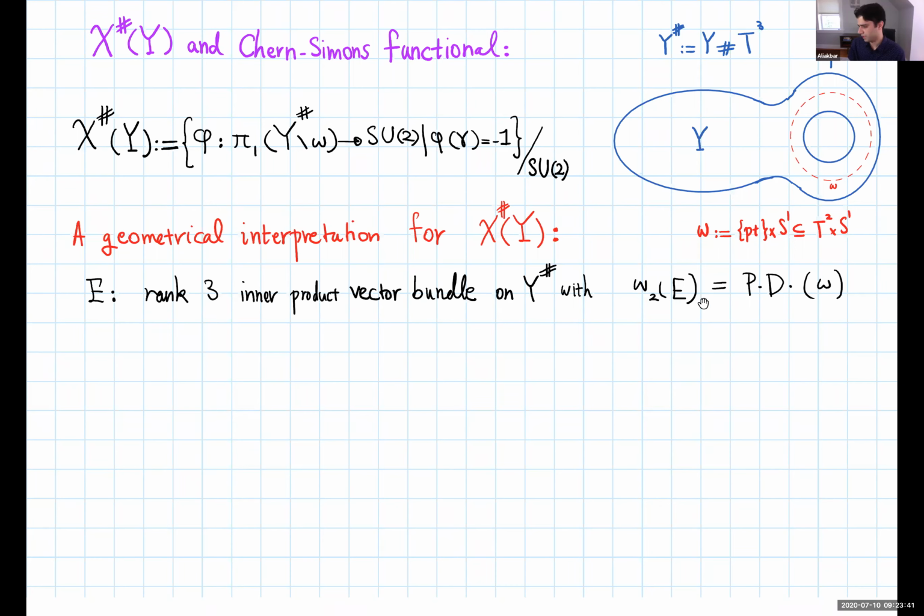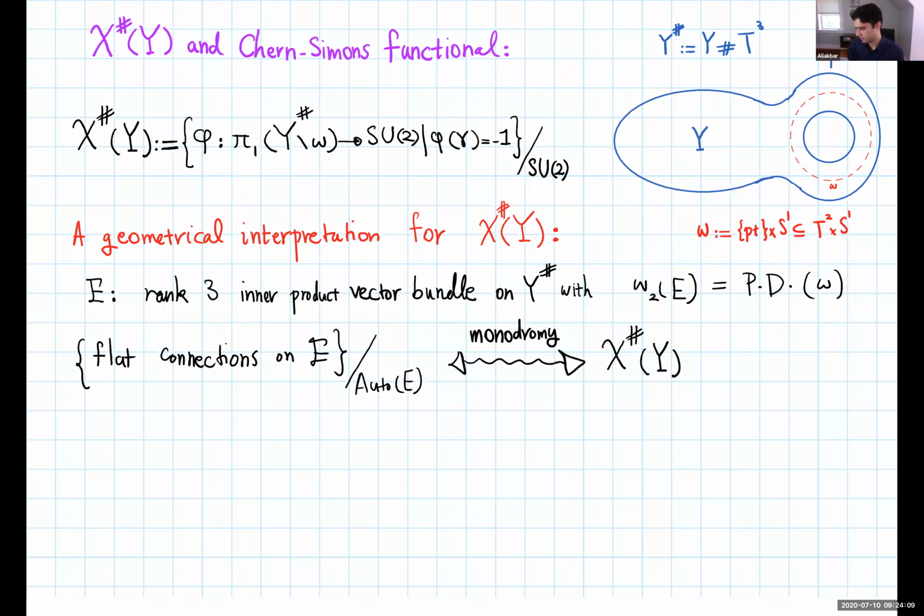Any such bundle over a three manifold is determined by its second Stiefel-Whitney class, and we just require the second Stiefel-Whitney class of this bundle to be the Poincare dual of this loop omega. So we can look at the space of all flat connections on this bundle, modulo automorphisms of this bundle. And it is a well-known standard fact that by monodromy, this space can be identified with representations of the fundamental group, in this case, with chi sharp of Y.